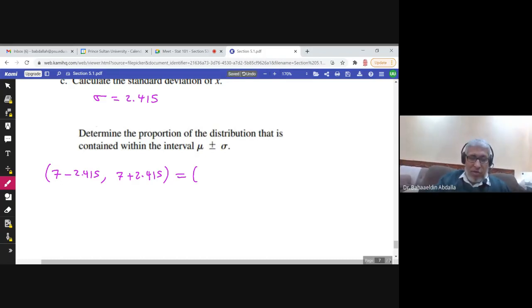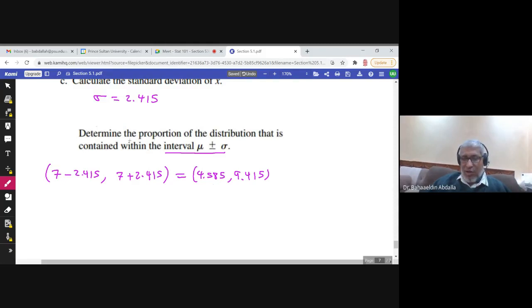So 7 minus 2.415 is 4.585. And if you change minus to plus, 9.415. So this is the interval, mu plus or minus sigma.